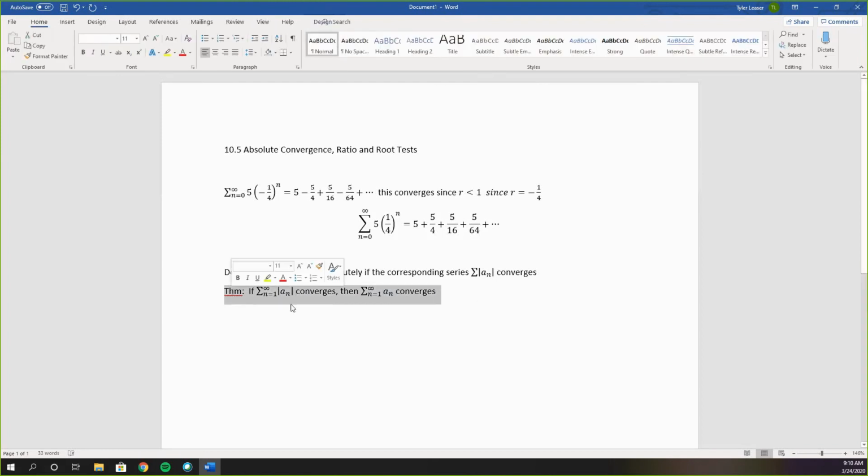Okay, so very powerful and very important theorem here. If the series of absolute value terms, which only has positive terms, converges, then if I make some of the terms or half of the terms or all of the terms negative, we get another series that converges.